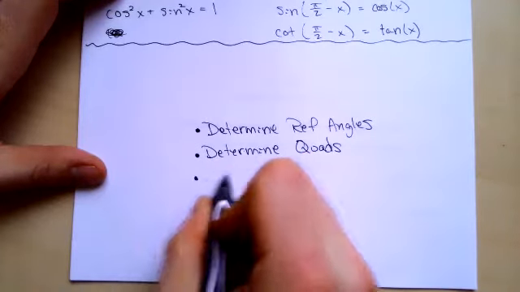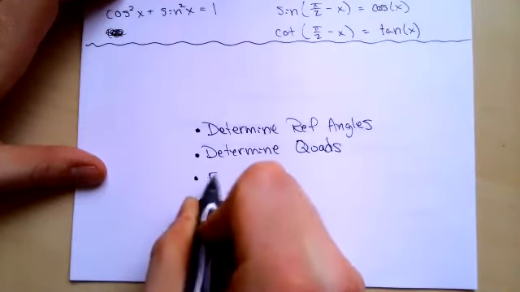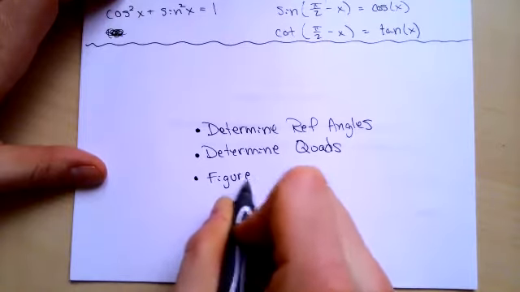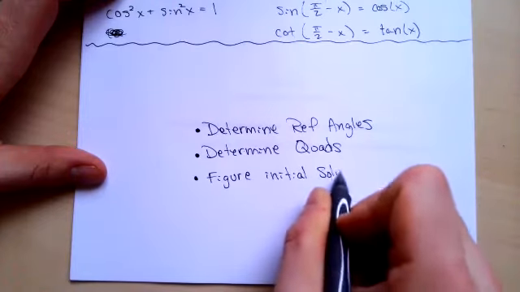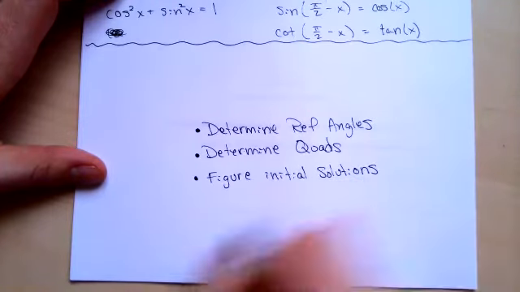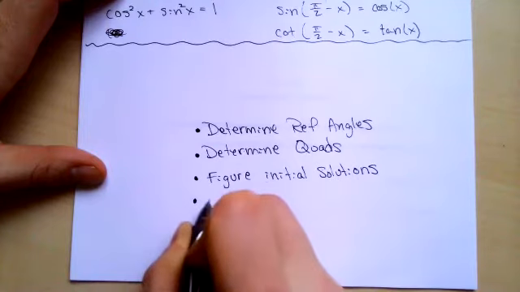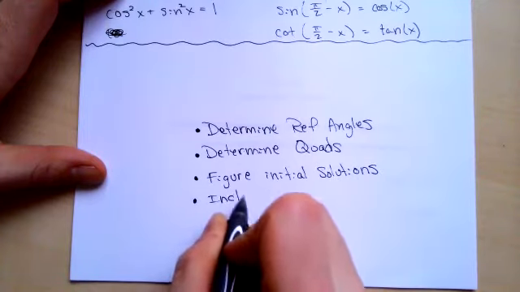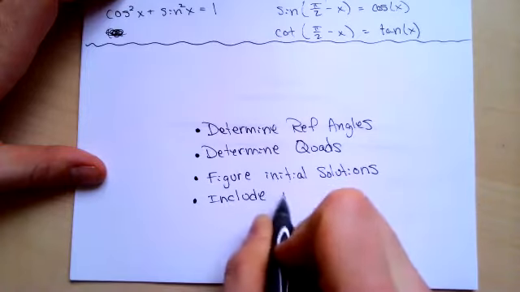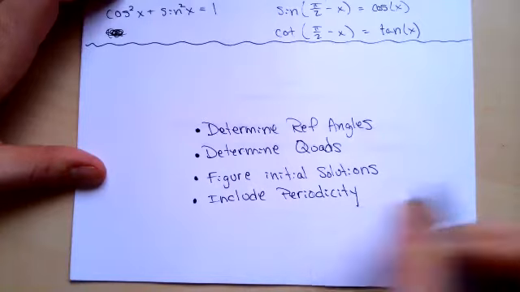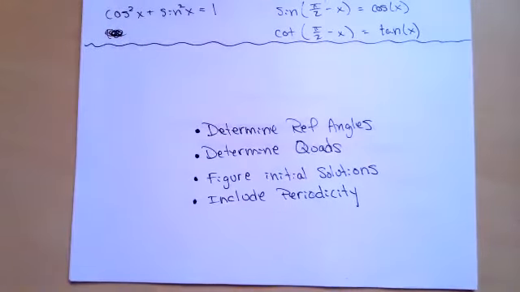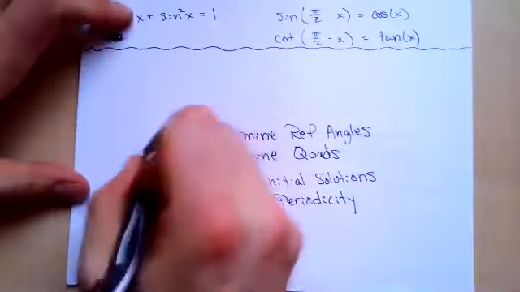And then we want to figure the initial solutions. And then once we have the initial solutions, we can include the periodicity. This is like the key part of these problems. This is the key in terms of understanding trig, really, is done in these steps.